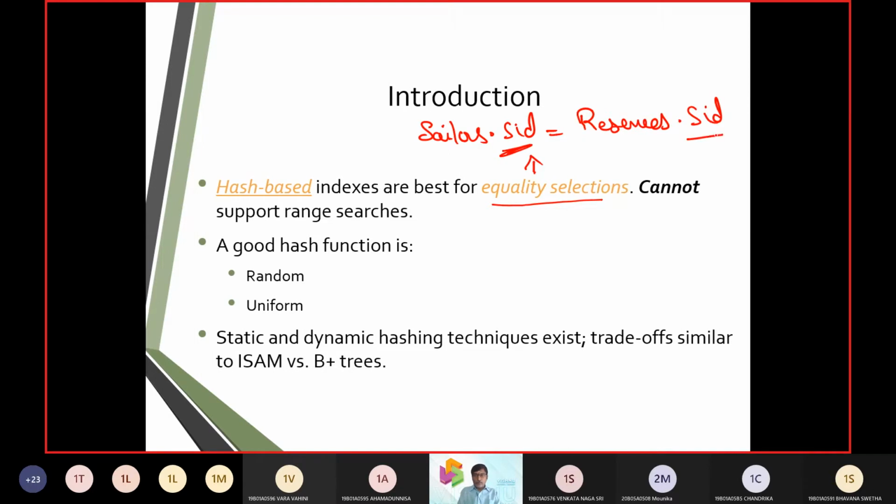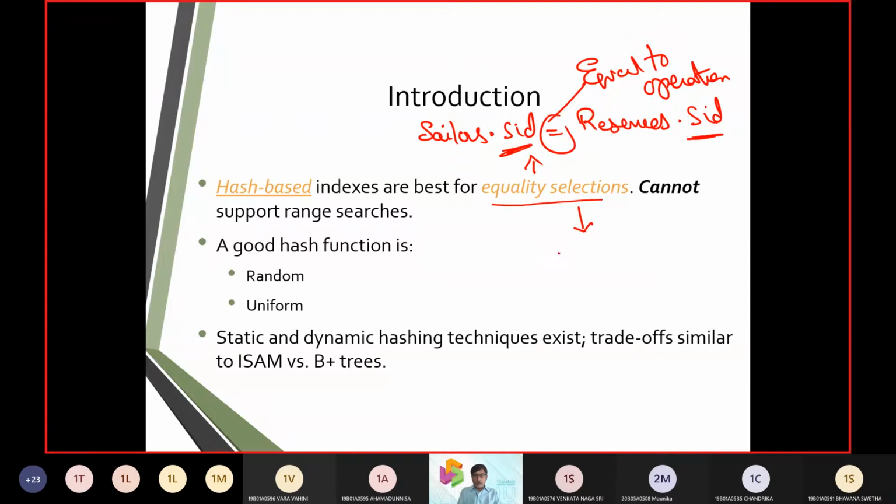Now we were comparing with an equal to operation, right? This is what we call equality selection.